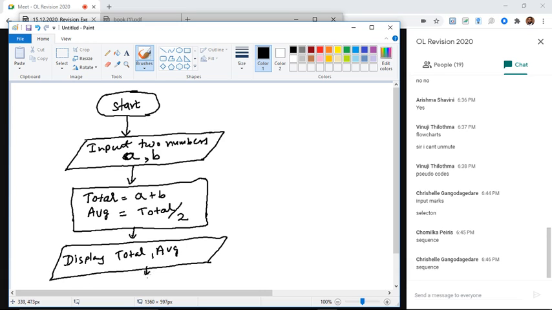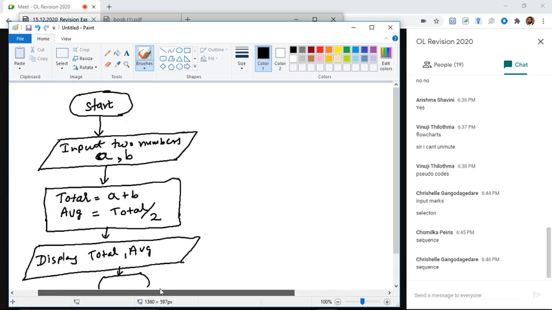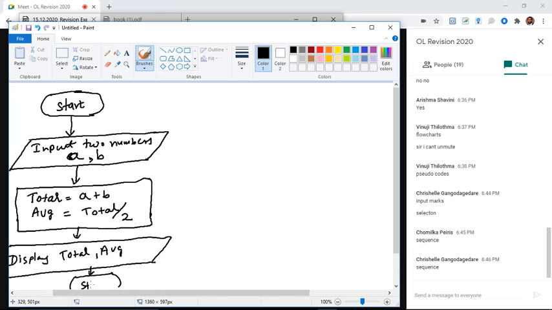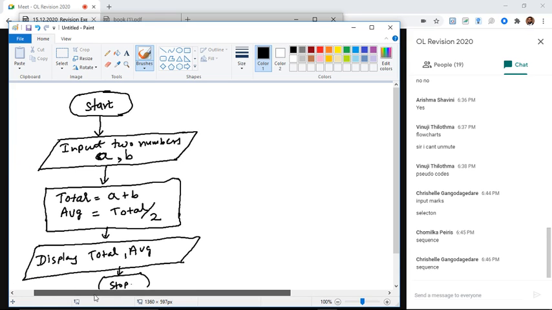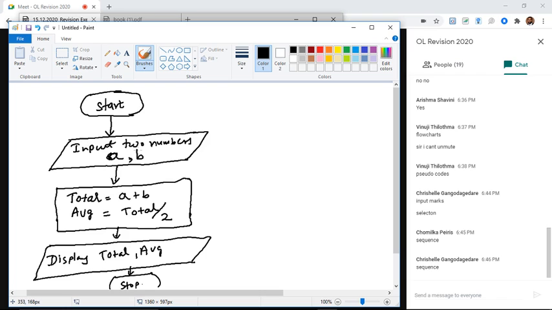Then you stop. So: start, input two numbers A comma B, then you calculate the total, then the average. Whatever total you have calculated, you divide by the number of subjects. Then display the total comma average and stop. So this is the way.